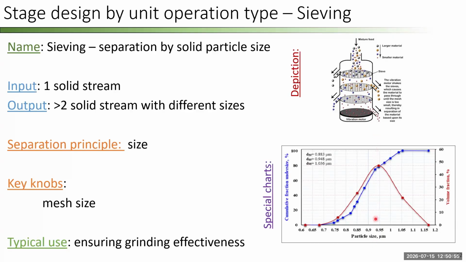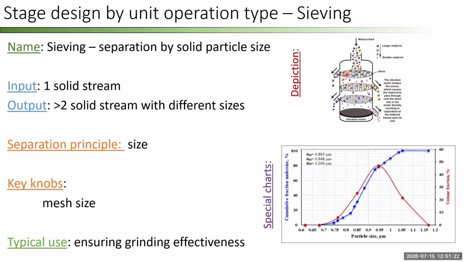And so we can start partitioning this, breaking these particle sizes down, right? So we could say I'm going to put in a mesh. Anything larger than 1 micrometer won't fit through. So I'm going to end up with two streams, one with particle size less than 1 micrometer and one with particle size greater than 1 micrometer. This is usually used for some sort of grinding effectiveness.